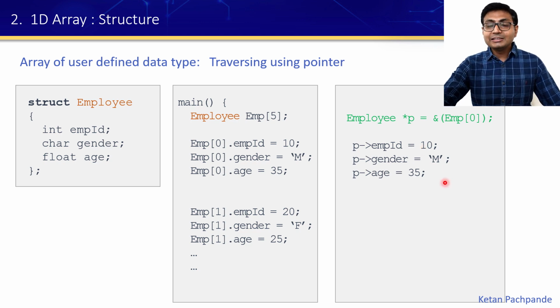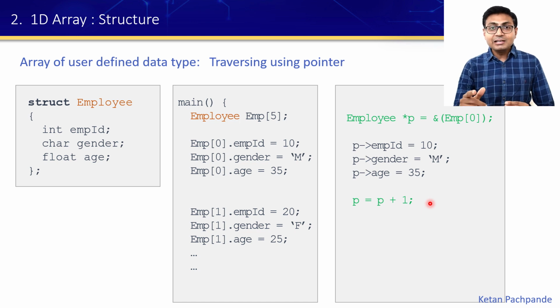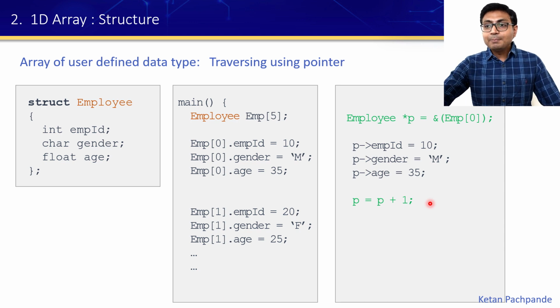Now I want to access the second element of the array, the second employee. So just increment your pointer by 1. Now it will refer to the next element in the array, and the next element in the array is situated after 7 bytes. So with p equal to p plus 1, now p is pointing to the second element of the array, that is the second employee.